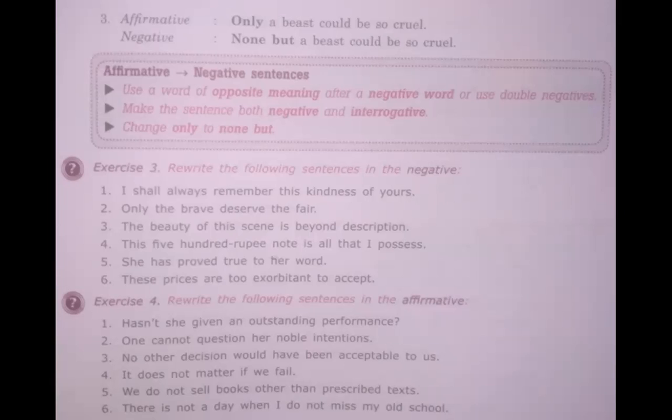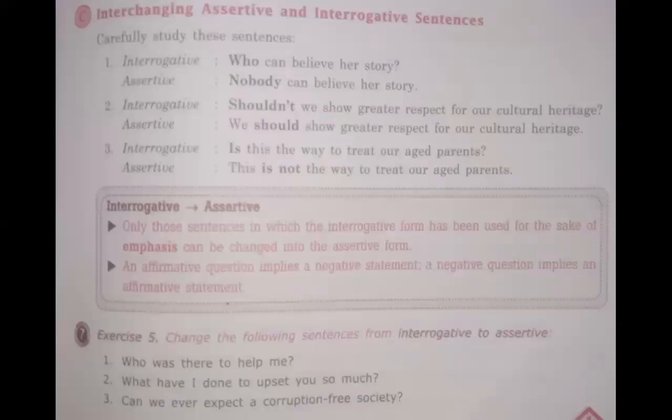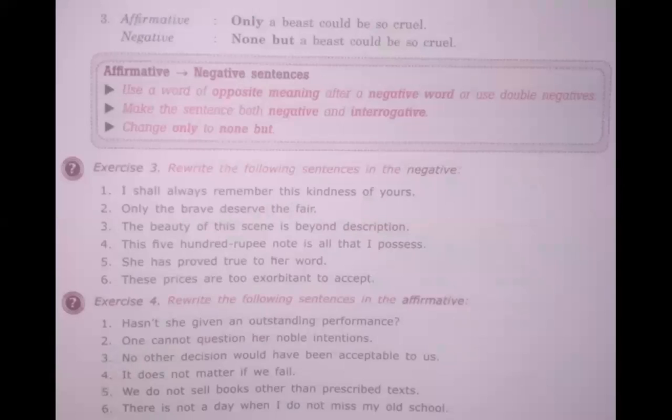The first trick you have got: if in the affirmative sentence you have the positive word, you need to use its opposite word, or a negative word. Or you can use double negatives also. Make the sentence both negative and interrogative.